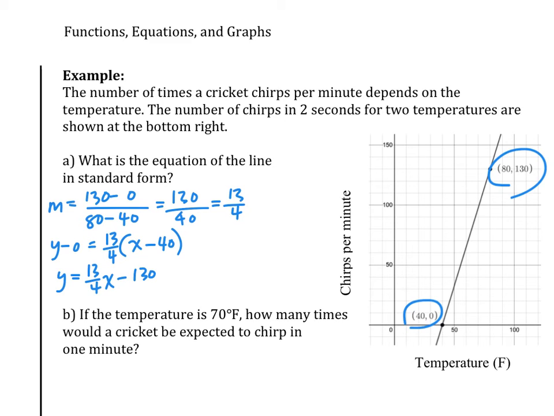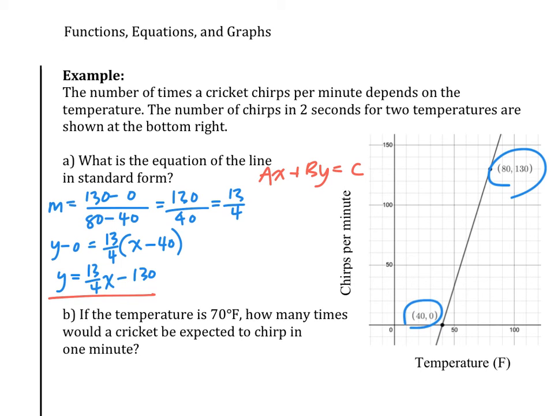So remember, standard form is, let me write it on the right, ax plus by equals c. And we said that a, b, c have to all be integers, where a has to be positive. So this is definitely not in standard form because x and y have to be on the left, and c is basically the constant, has to be on the right by itself.